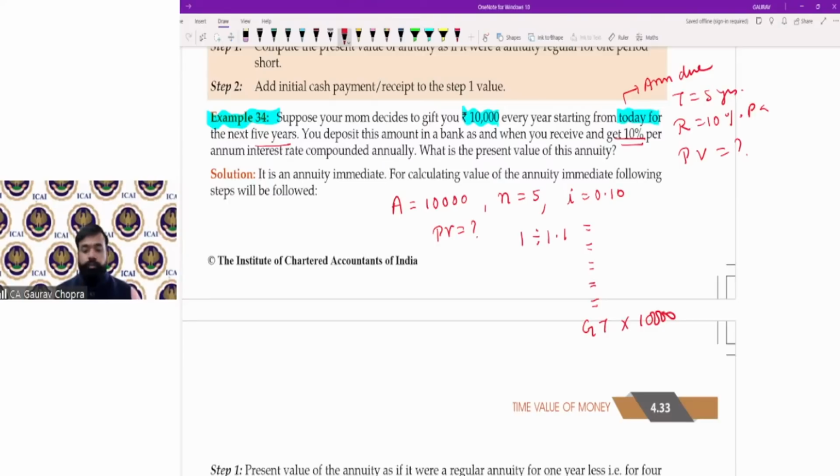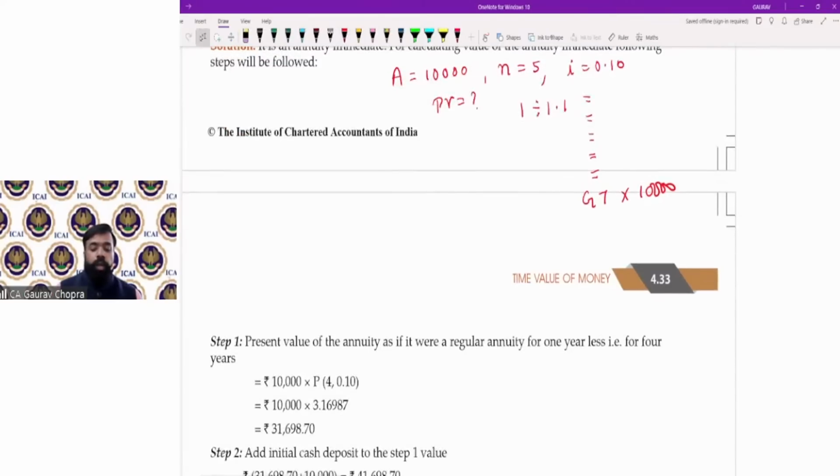As soon as you do this, you are getting 10,000 multiplied by 3.16987. So it becomes 31,698.70. But this is the value according to present value of annuity regular.